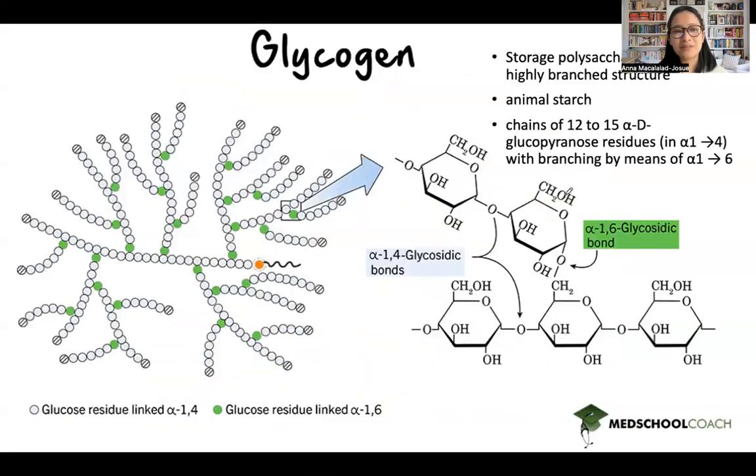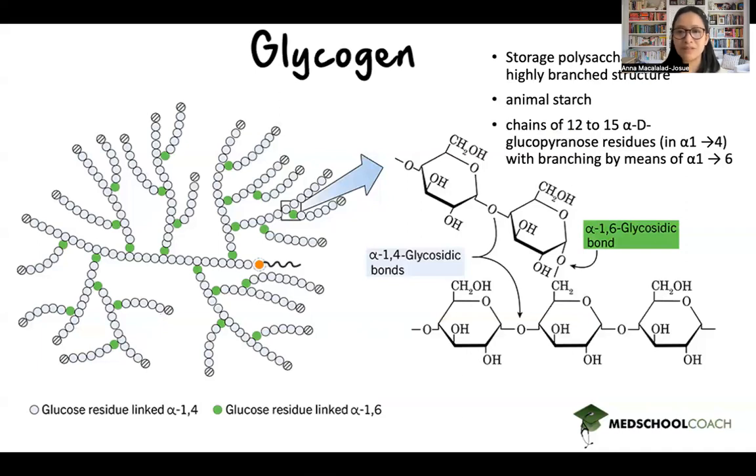All right. So now we talk about glycogen. Glycogen is a storage polysaccharide. It's how your body stores glucose, either in the liver or in the muscles. Your glycogen gives your body a ready source of glucose whenever you need it.